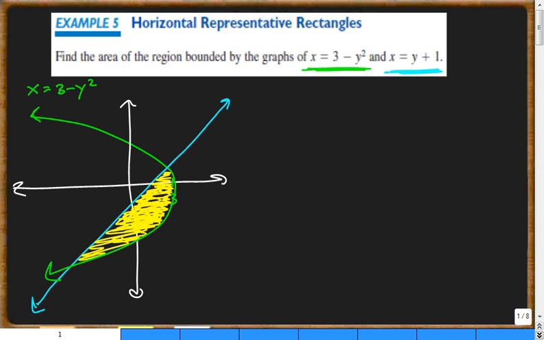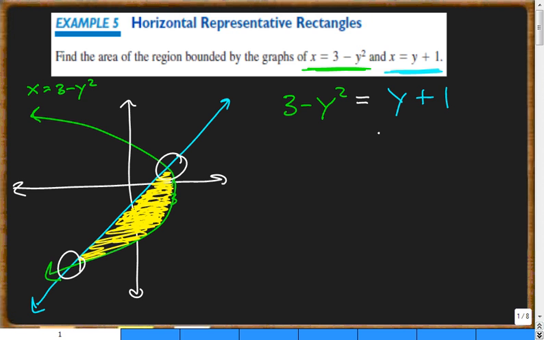So we are going to integrate in that direction. Now we need to figure out where these intersection points occur. These intersection points are going to be based off of y and not x, because we're now counting up this way. So we need to set these equal to each other, just like we had done before. So 3 minus y squared, we set equal to y plus 1, and then we solve.